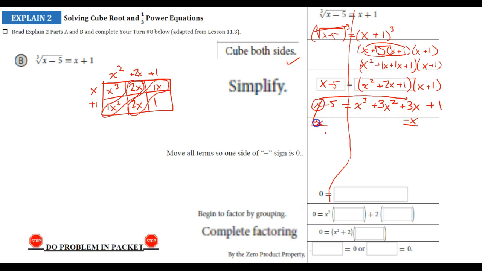So that cancels out, and I'm left with -5 equals x to the 3rd power plus 3x squared minus 2x plus 1. And then what's the opposite of a -5? Positive 5.